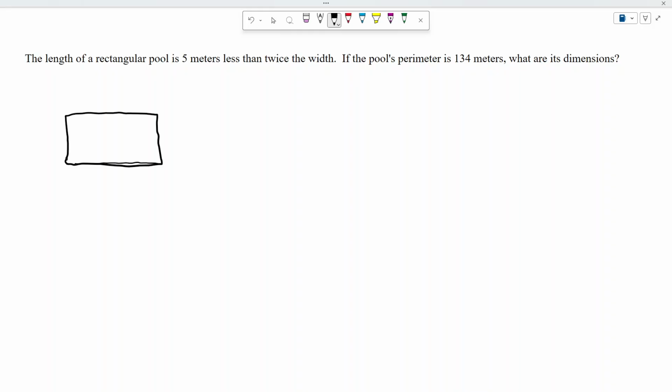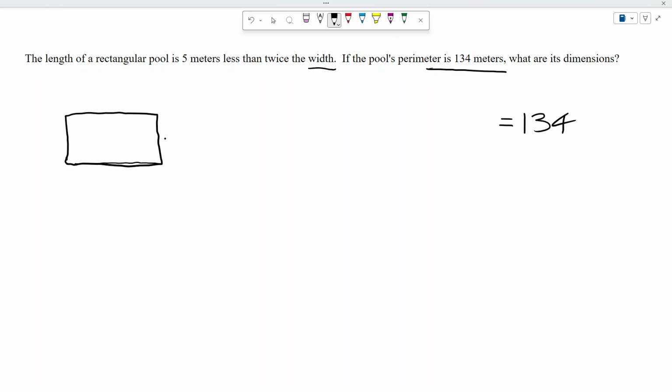Okay. So once again, we can start off with the right side of our equation. So we know the total perimeter is 134 meters. And then it doesn't specify anything specifically about the width.